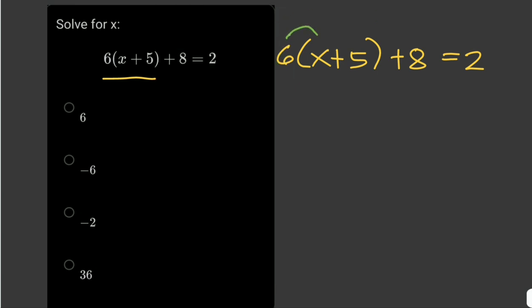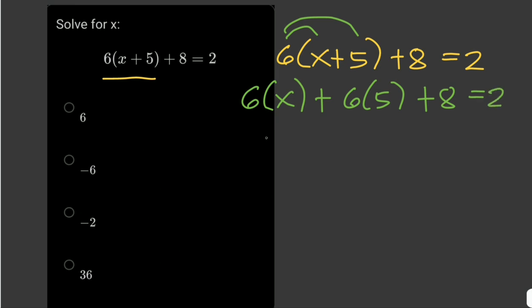We multiply 6 to x plus 5, so that would be 6 times x plus 6 times 5, plus 8 equals 2. We simplify, so this is just 6x plus 6 times 5 is 30, plus 8 equals 2.